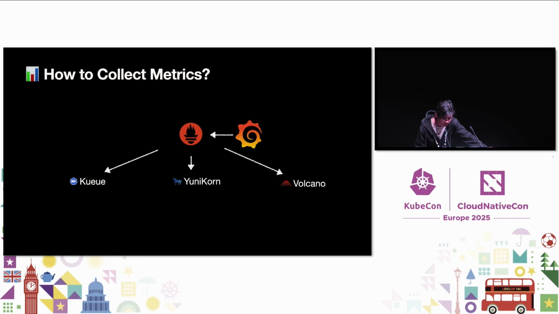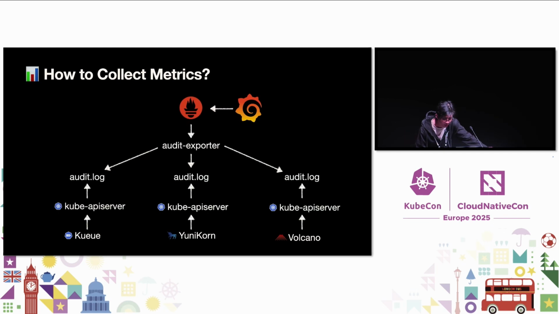The metrics themselves are approximated estimates when you're scheduling over a short period of time. Our innovation here is to use the API server audit log.